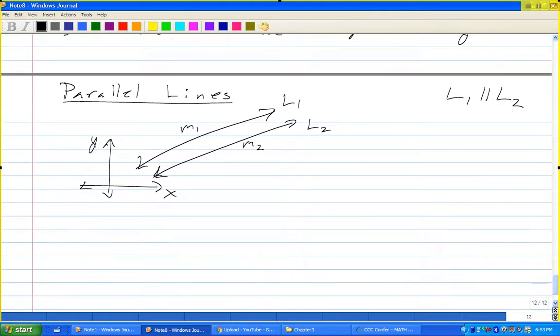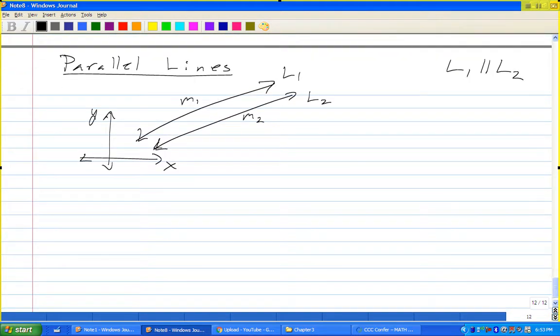And so I'll actually have to split it up into two pieces. So these are parallel lines, but they're not the same line. So they're parallel lines, but let's assume that they're not coincident. Okay.